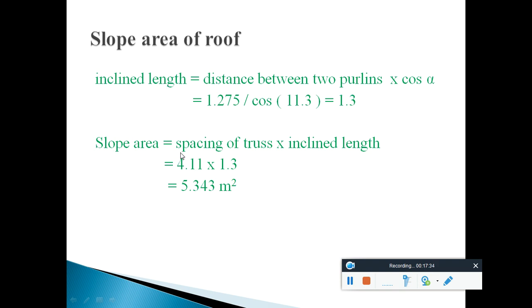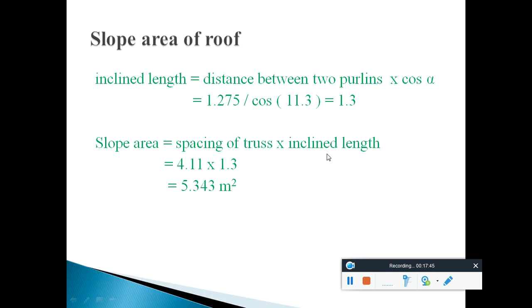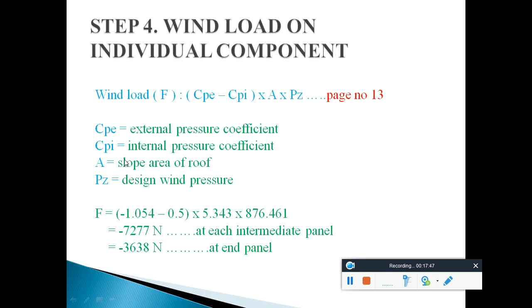And for slope area, spacing of truss into inclined length. So here take the spacing of truss in your project, take that length and this inclined length, multiply, and you will get the sloping area.